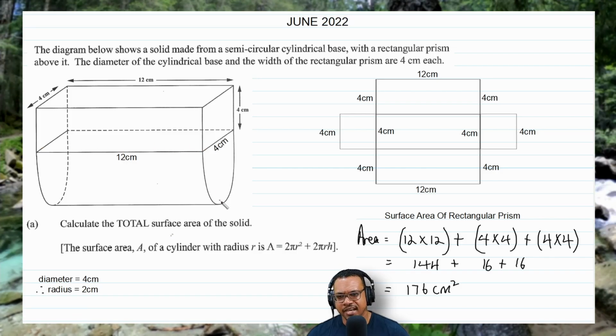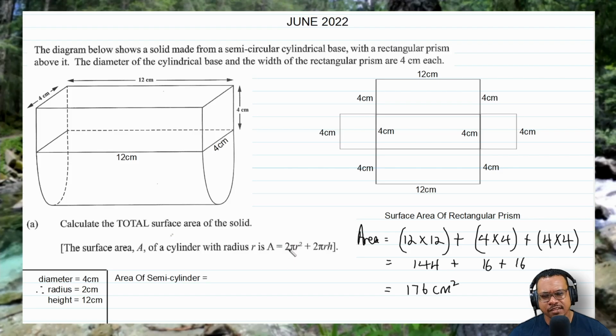So now that we know r is 2 centimeters and h is 12 centimeters, let's work out the area of the semi-cylinder. Seeing that the area of the cylinder is 2 pi r squared plus 2 pi r h, what I'll do is just find half of this one time by putting a half in front. So a half times, open brackets, 2 pi r squared plus 2 pi r h.